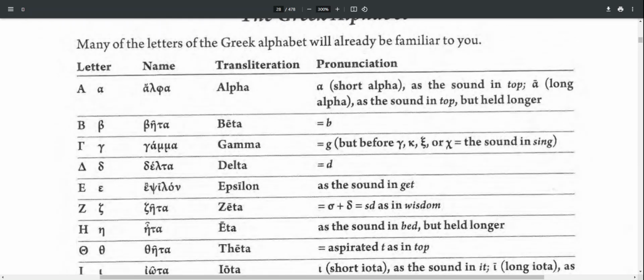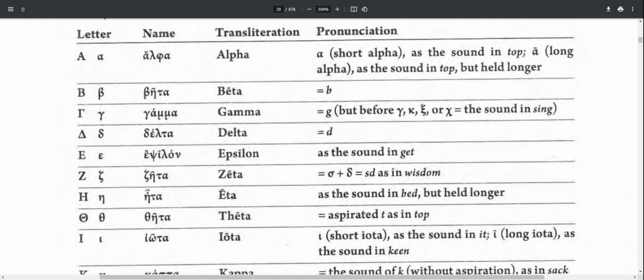The next letter is epsilon. It looks like the letter E and has a sound close to the E in the word "get", but not exactly, more like a short "e".